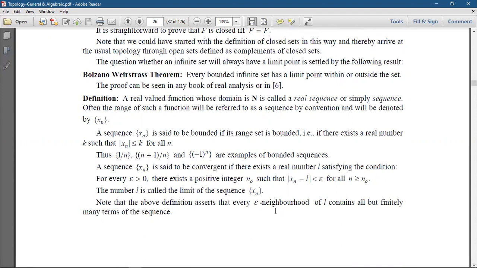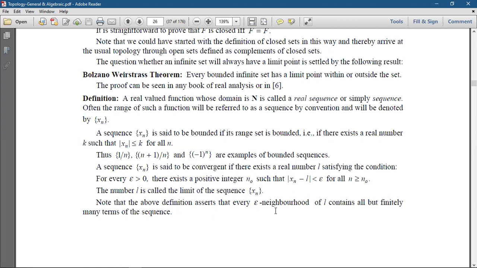Every bounded infinite set has a limit point within or outside the set. That means the limit point may be inside the set or may not.